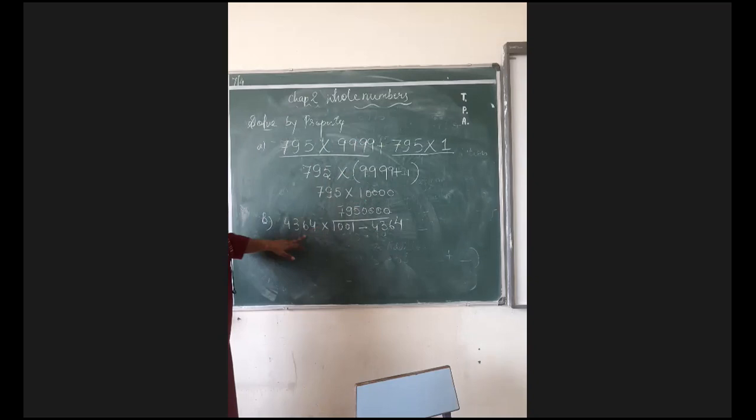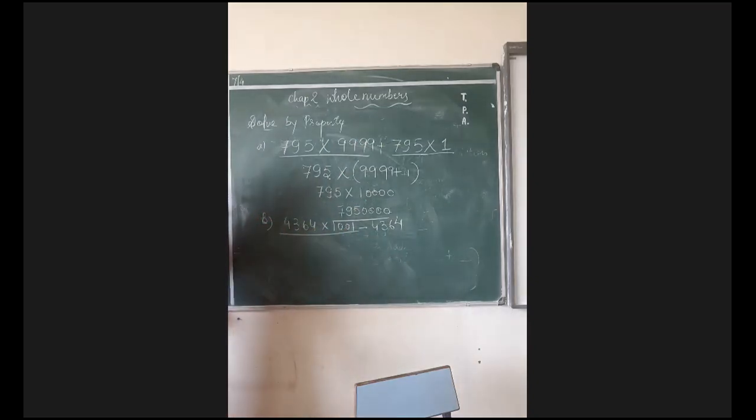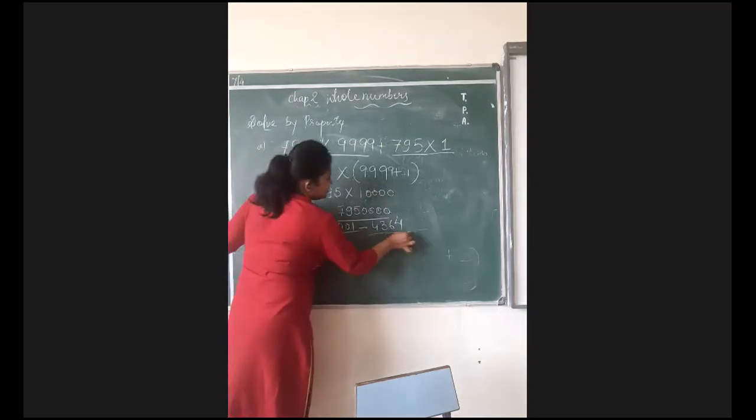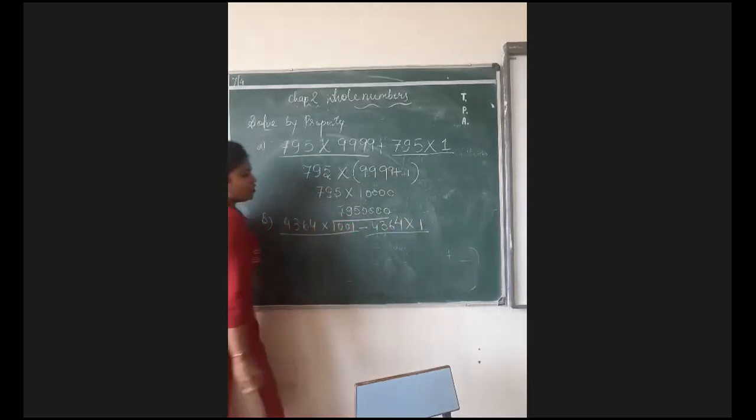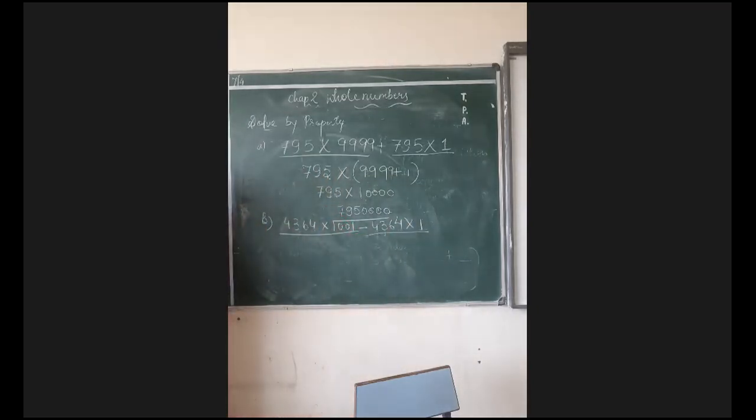Now, this has a pair, but this is written alone. So first of all, what will we do? We will give it 1. Why are we giving 1, beta? Because 1 is the only number which does not affect any number if you multiply with it. And sabka malik ek.